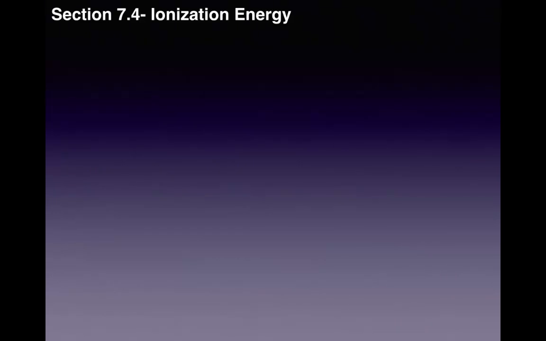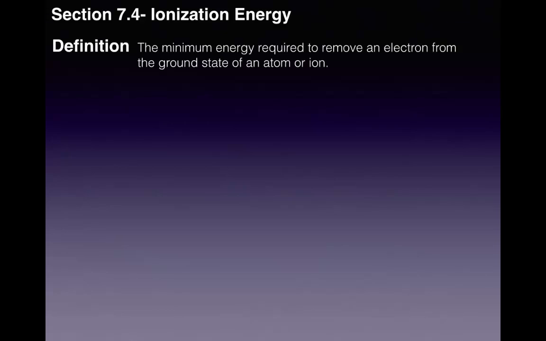The next characteristic that we're going to talk about is ionization energy. Ionization energy is the minimum energy required to remove an electron from the ground state of an atom or an ion. Now, ground state meaning it's not excited, it's in its typical energy level. We've already talked about ionization energy when we were talking about PES.